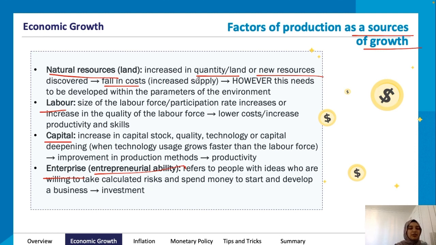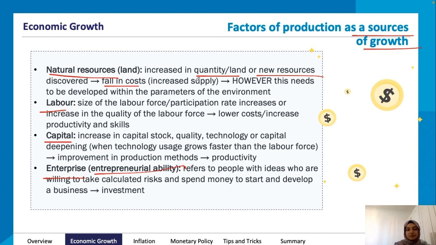Labour: the size of the labour force, the participation rate, or an increase in the quantity or quality of the labour force. So lower costs, increased productivity and skills, right?